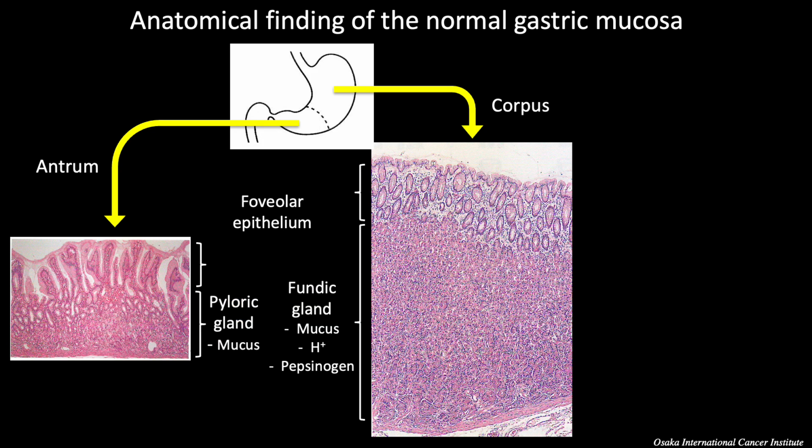These diagrams represent the glandular structure of the normal gastric mucosa. The pyloric gland mucosa is shown on the left and the fundic gland mucosa on the right.